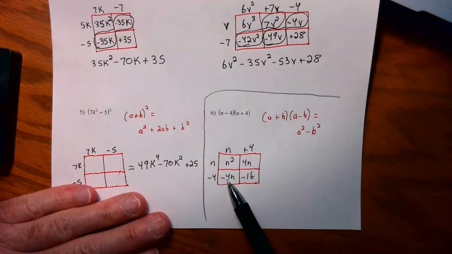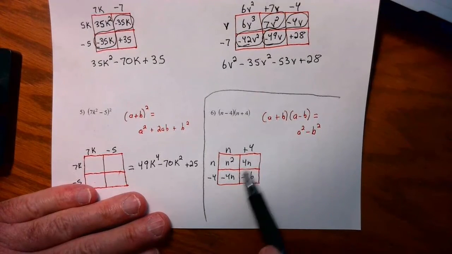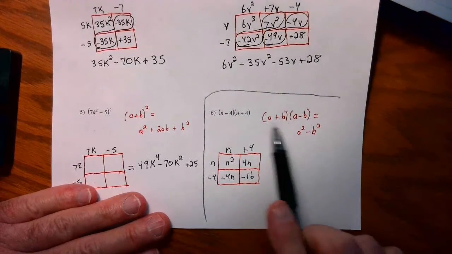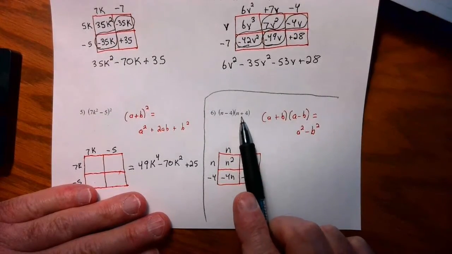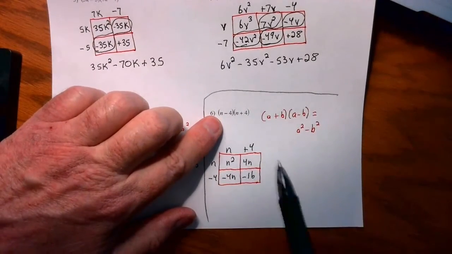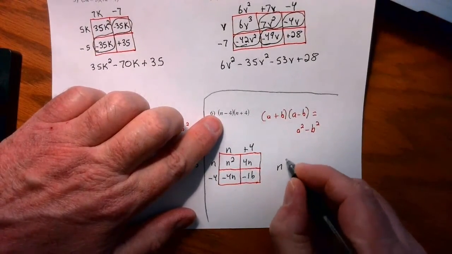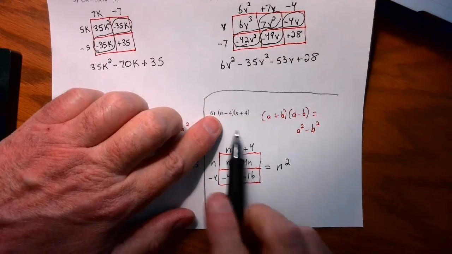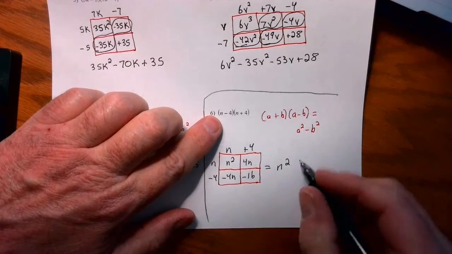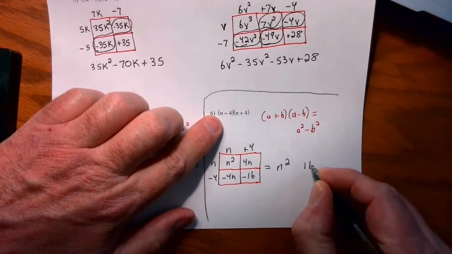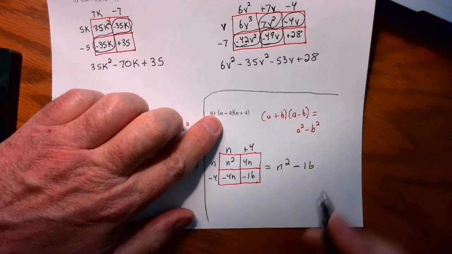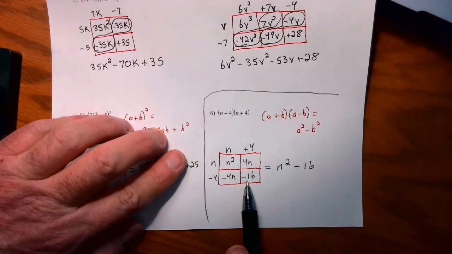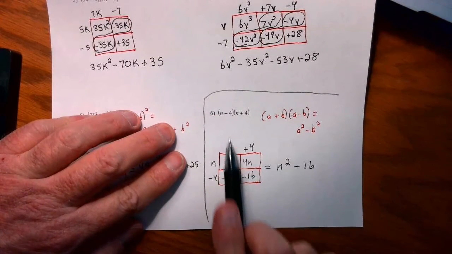And you guys see how the 4n and the negative 4n disappear. Just recognize the pattern when you see it. All right, just take the n times n. That's n squared. Take 4 times 4. That's 16. Make sure you put a negative in between them. It's negative 16. Because negative 4 times 4 is negative 16. The middle term disappears, all right, on this one.